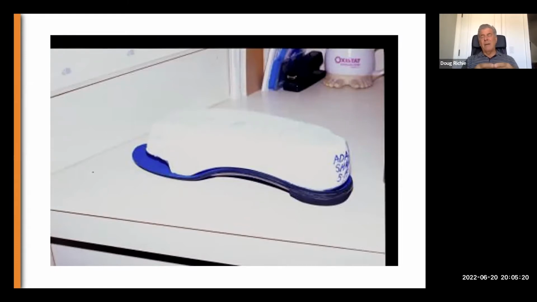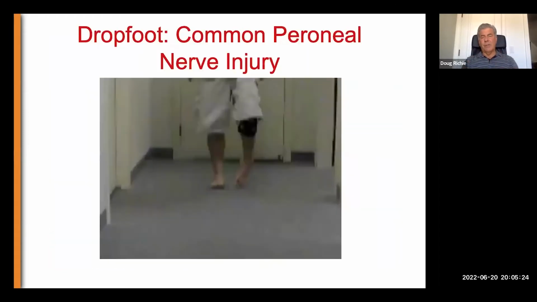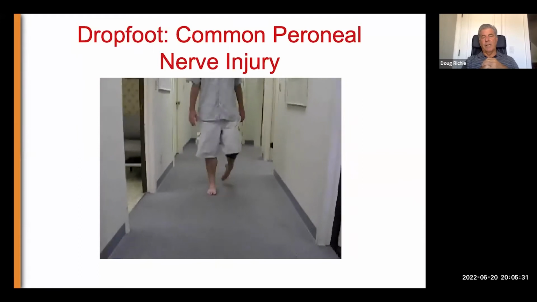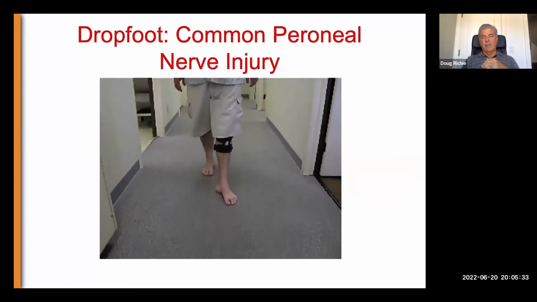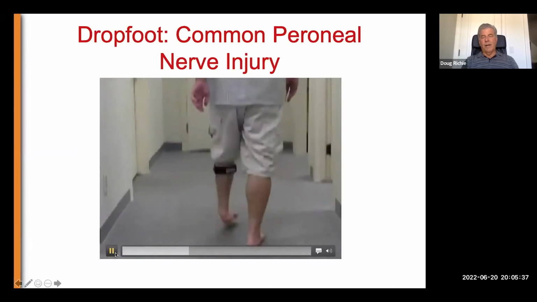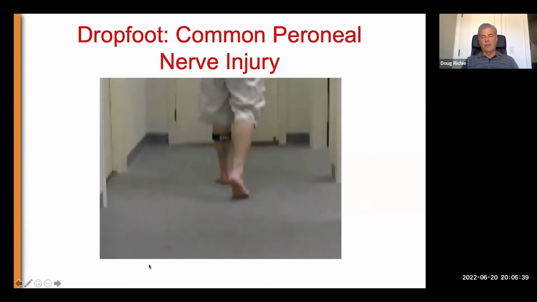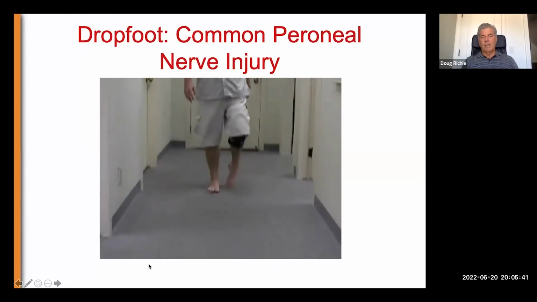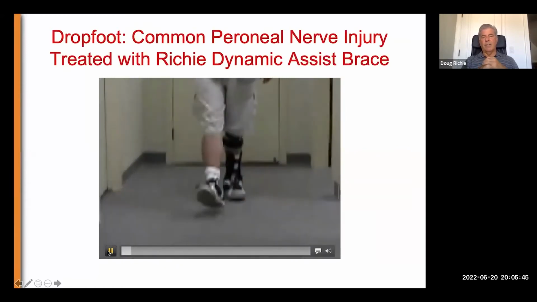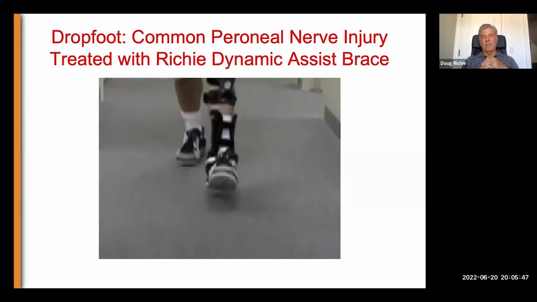Happily, over my career, I've seen podiatrists expand their scope of practice, such that now when a patient like this comes in, and I'll tell you a little more about him later, who has an obviously flaccid drop foot deformity, which of course would not respond to a custom foot orthotic, it does respond to a specialized version of the Richie brace known as the dynamic assist.